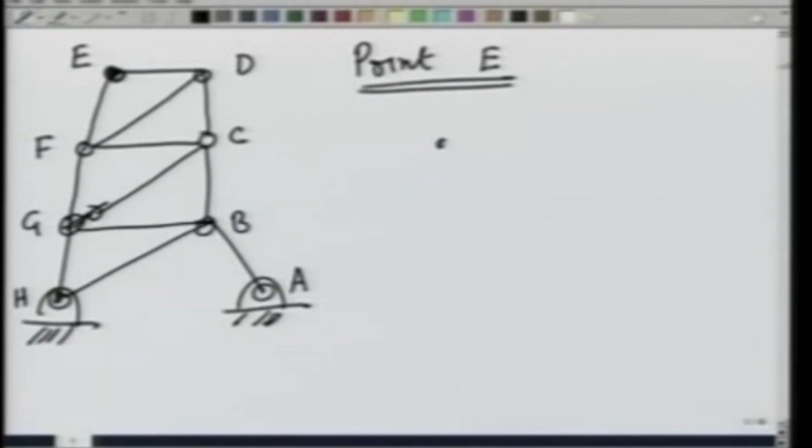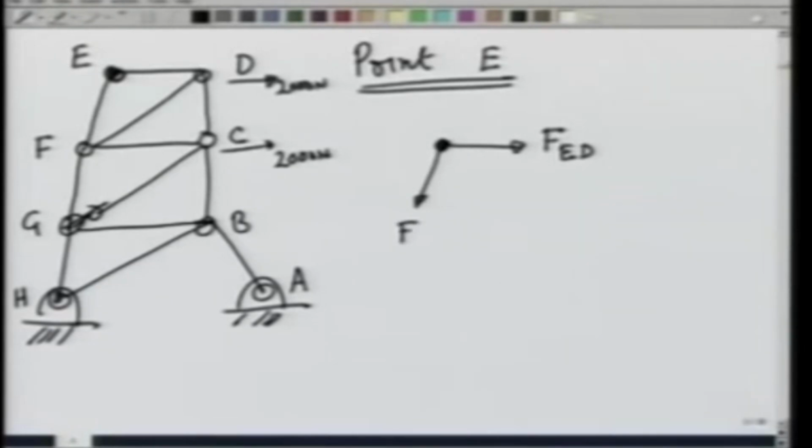At point E there are only two forces. This is of course loaded with 2000 newtons each. There is a force, let us call it F ED, and there is a force F EF. Right away, if I do summation Fy equals 0, this gives me that F EF sine of whatever that angle is should be 0, and therefore F EF is 0.